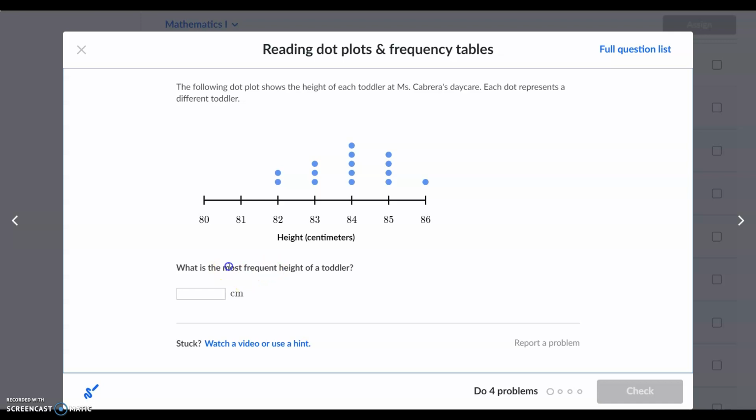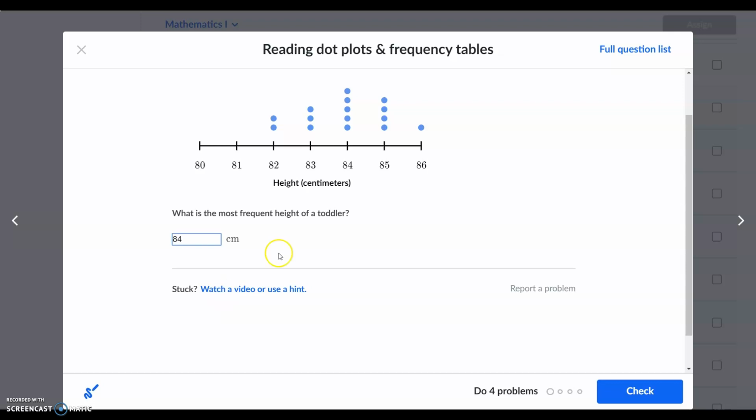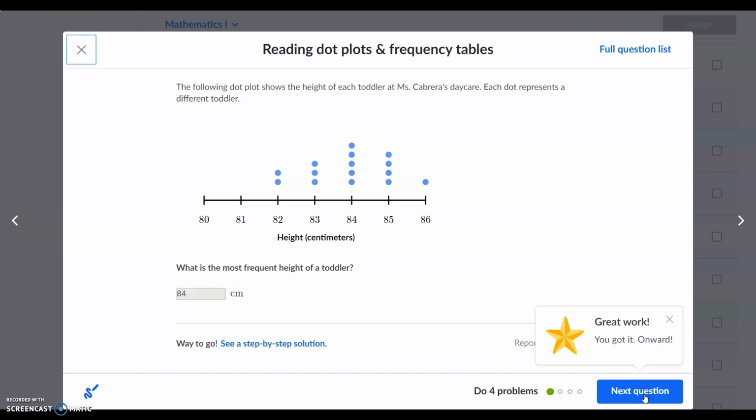So we're looking for the tallest stack of dots here. Notice 84 has the most dots, it's the tallest. So our answer is 84 centimeters. The most frequent height is 84 centimeters. All right, let's check, make sure I didn't mess that up. Hey, good job, me.